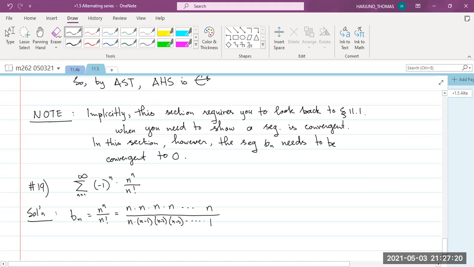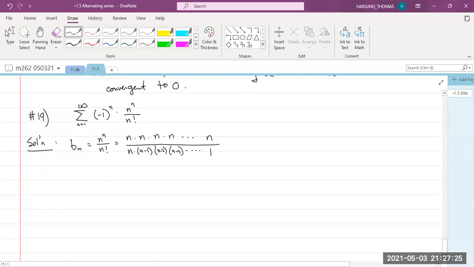I wonder if you remember we did this one question before. We rewrite this as n over n times n over n minus 1 times n over n minus 2 all the way to n over 2 times n over 1, which is greater than or equal to 1, 1, 1, 1, n, which is n.